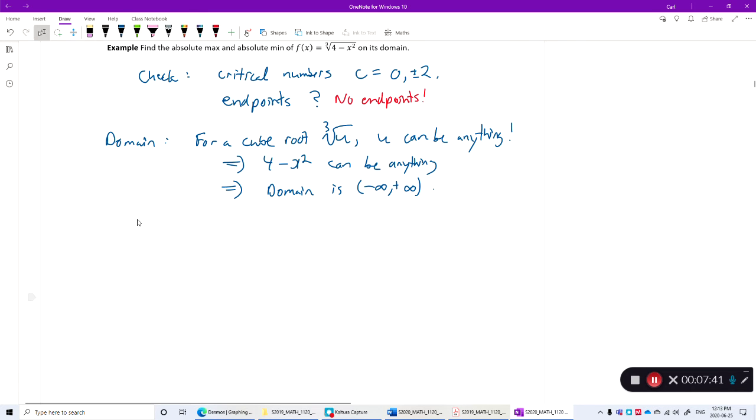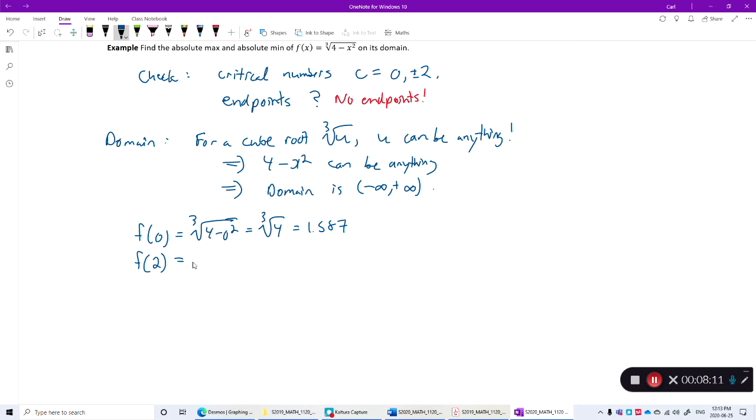Okay, so what do the critical values give us? F of 0 is cube root of 4 minus 0 squared, which is the cube root of 4. And it helps if we have an exact value for that, just for comparison, so 1.587. What about the other critical numbers?